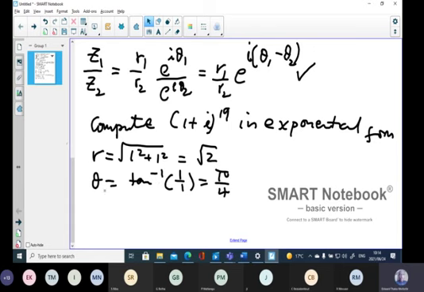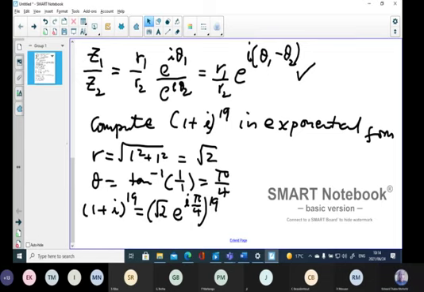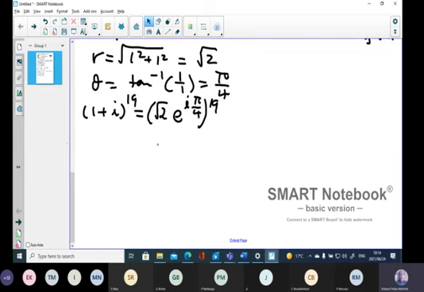Now 1 plus I to the power 19 is equivalent to, now I'm going to write it in exponential form, the square root of 2, this is my R, e to the power I pi over 4, everything to the power 19. Okay, that's what I have.